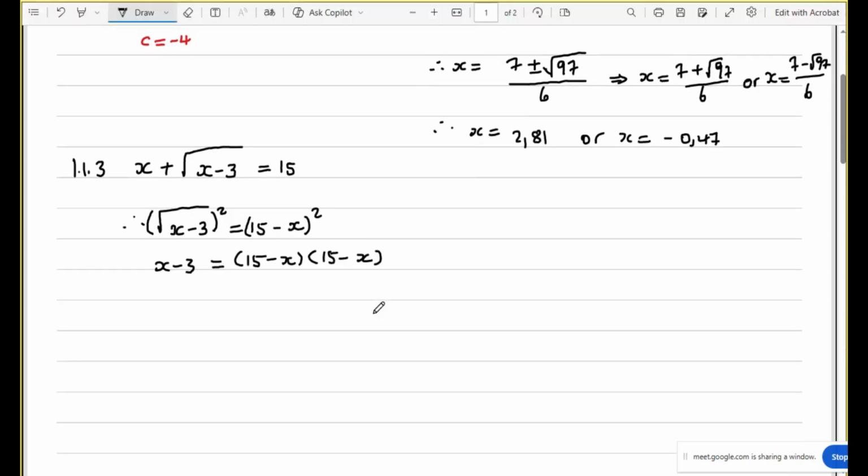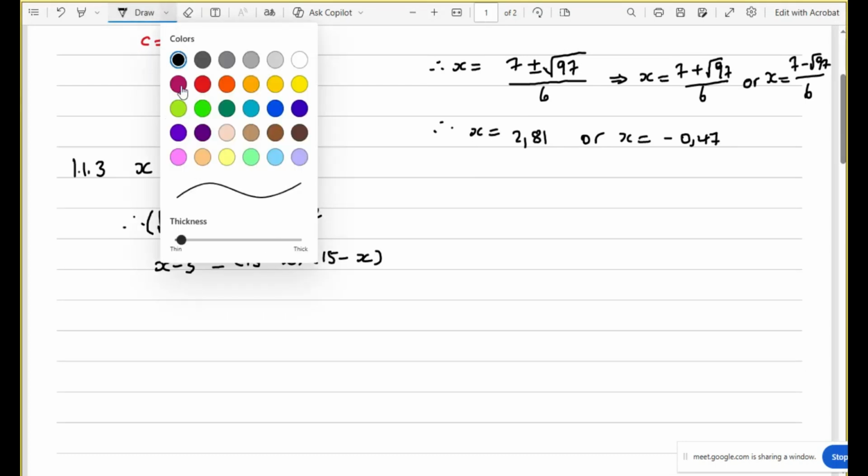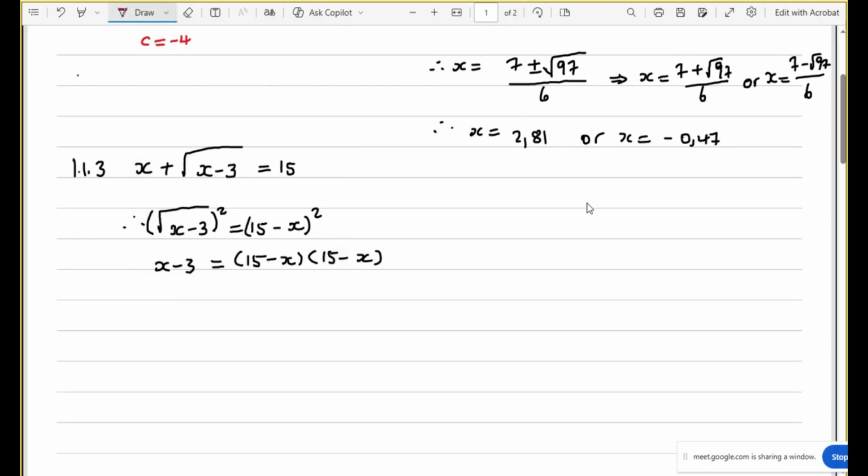Now I need to use the FOIL method to multiply that. I take the 15 minus x, multiply that by 15 minus x. So this will be 15 times 15. What is 15 times 15 when you punch that on the calculator? 225.